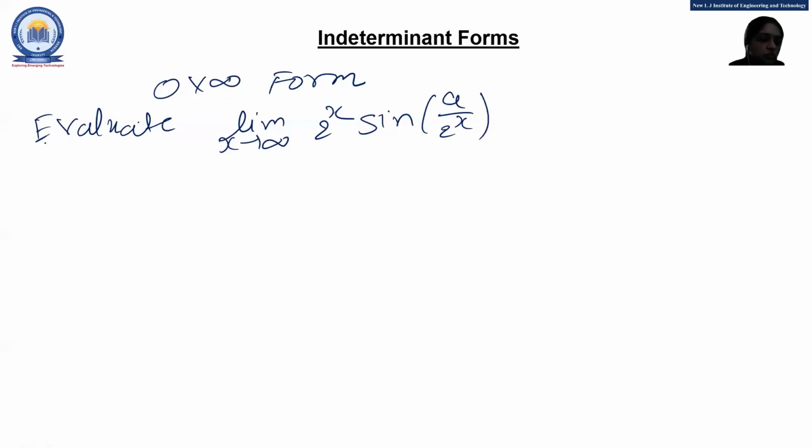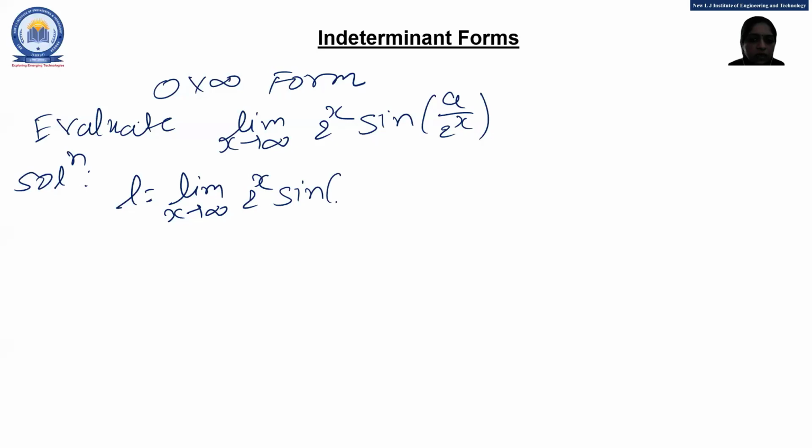Okay, so let's start the solution. Here L equals limit x tends to infinity of 2 raised to x sine a upon 2 raised to x. If you apply the limit here, that is the 0 into infinity form.